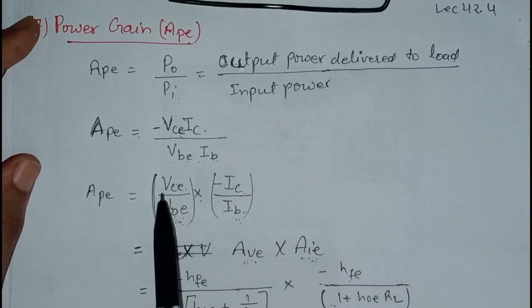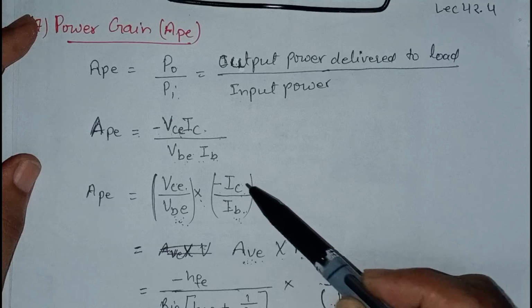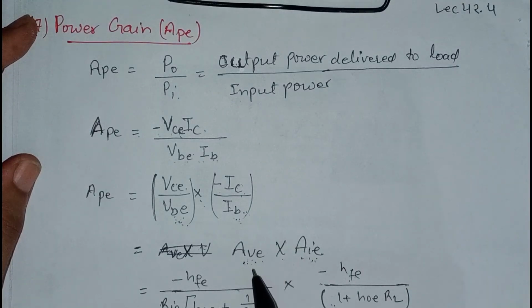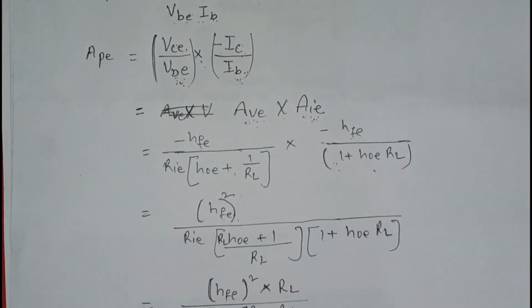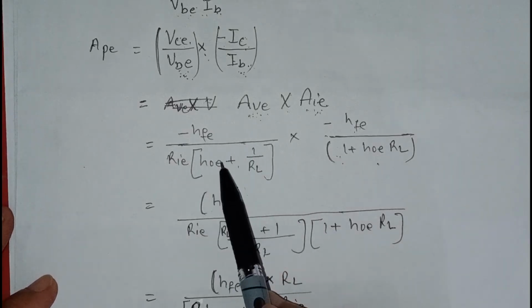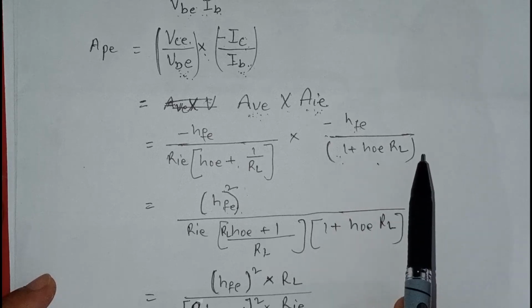As we know, this is output voltage upon input voltage. What is this? This is voltage gain, and this output current upon input current is current gain. Now we will put the value of this voltage gain and current gain here. These are the values of voltage gain and current gain that we derived in our last lecture.